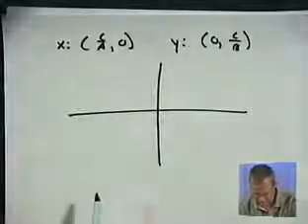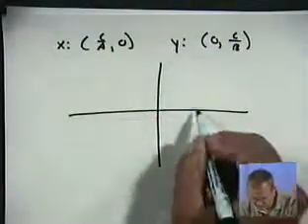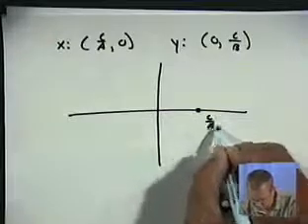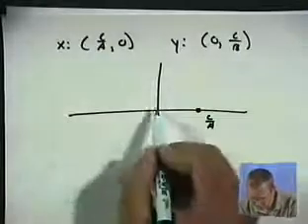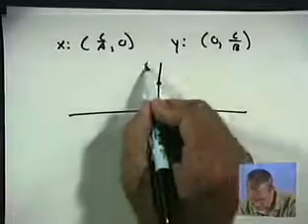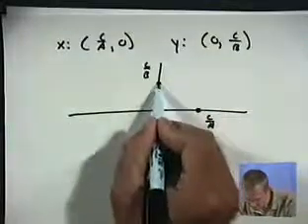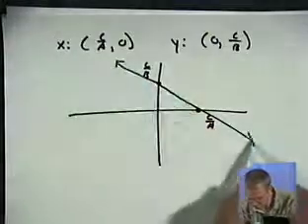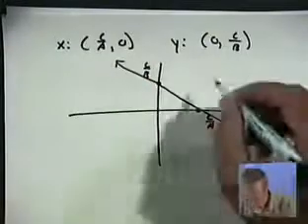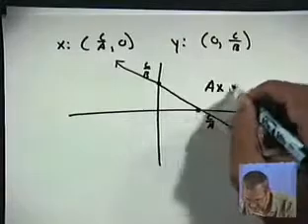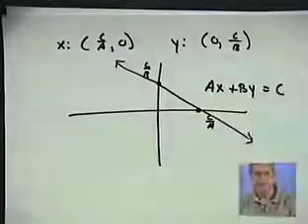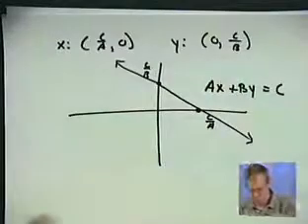Let's just say that this is the point c over a, comma 0. And let's say this is the point 0, c over b. Okay? So this is the standard line ax plus by equals c. And what we want to do is compute the slope of this line.